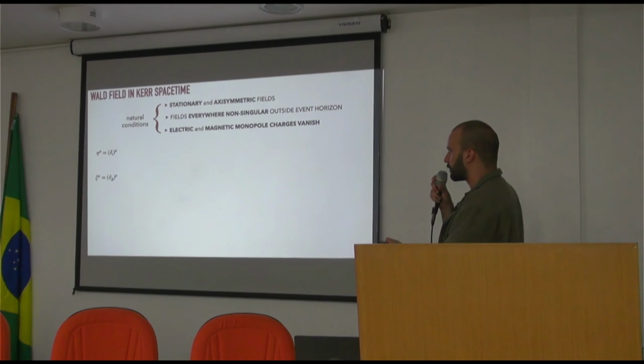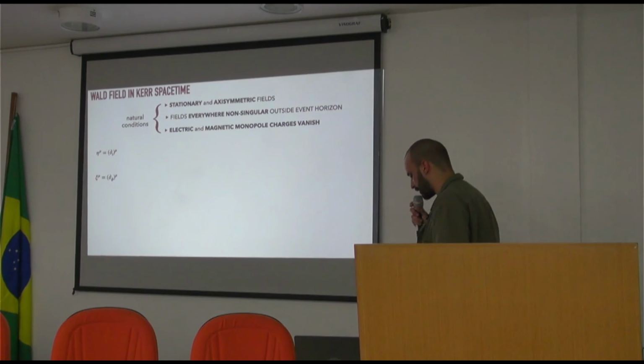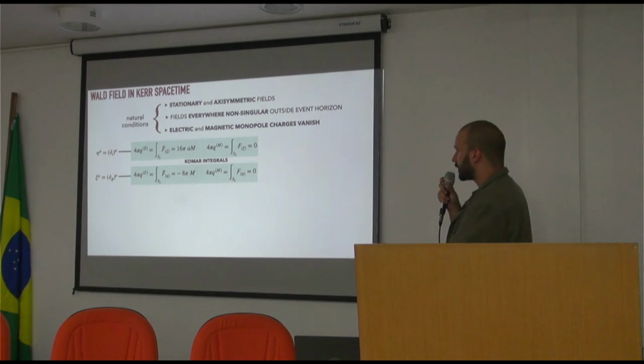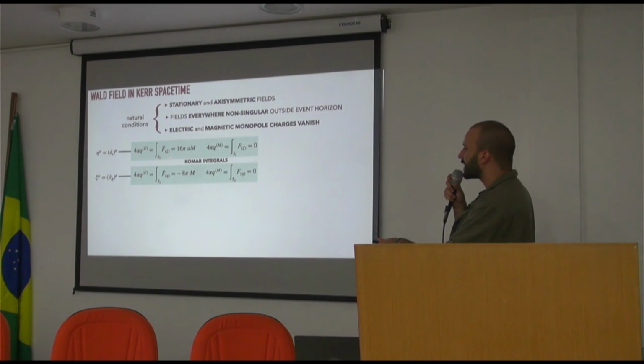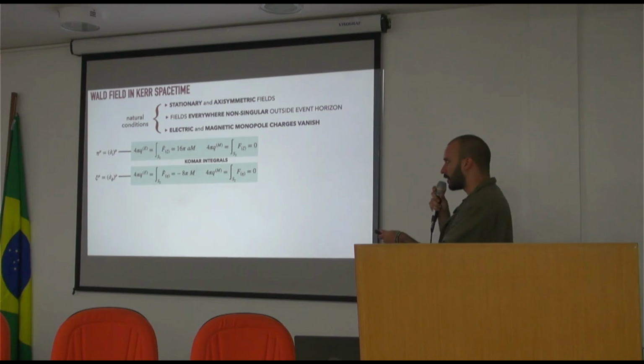Now, let's see what happens if we consider, in the case of the Kerr metric, the two Killing vectors associated to this black hole. In this case, we can estimate the monopole charges by just taking the integral of the two-form associated to the field.